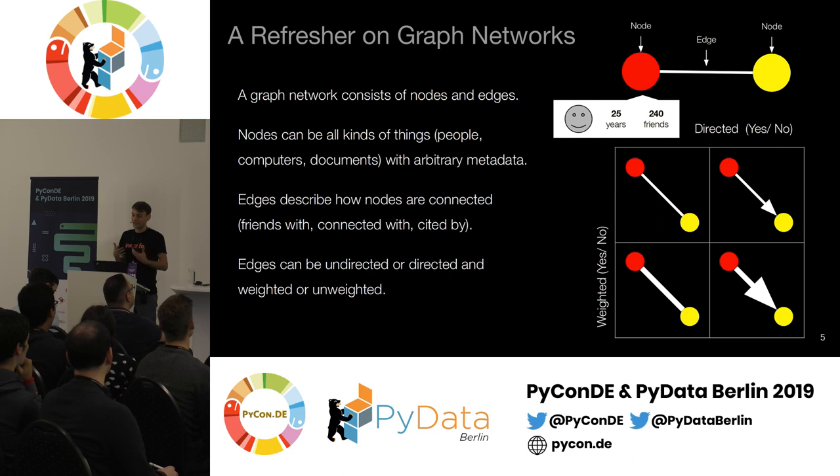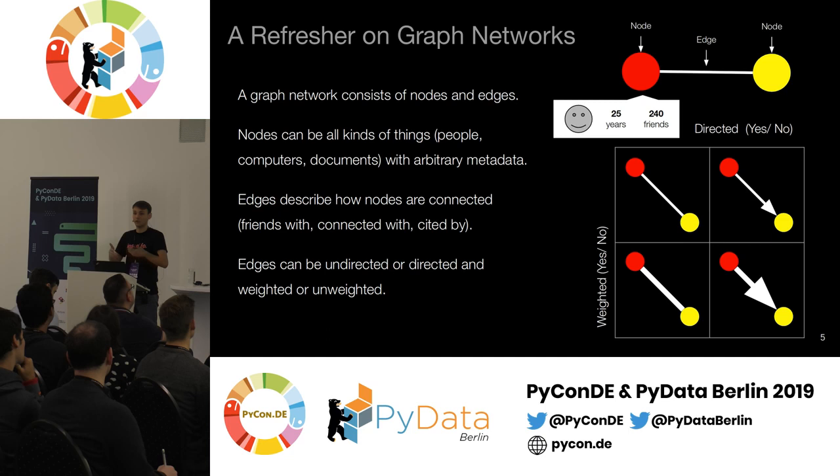And as I said, edges describe how nodes are connected. It can be you are friends with, you are connected with, or a scientific paper is cited by another scientific paper. What is important to know is that edges can be undirected or directed, weighted or unweighted. When 2 people are friends on Facebook, that is undirected because it is mutual.